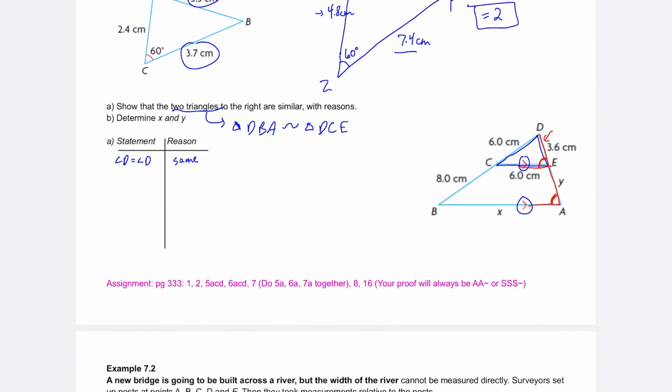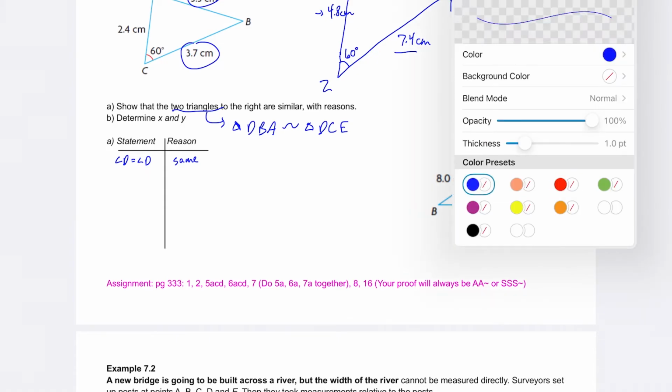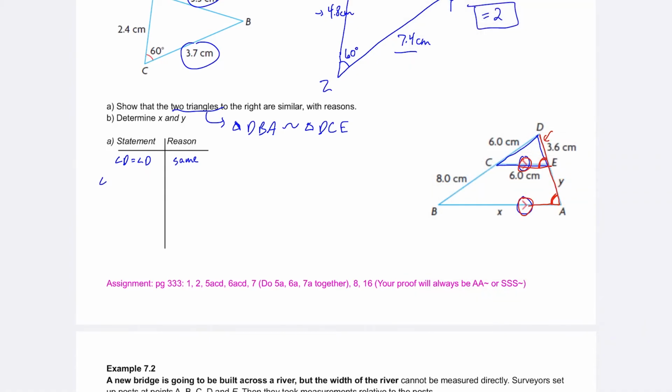Notice our transversal, our two parallel lines. We know that, I'm going to be proper here, angle DEC, so this angle right here, is equal to angle DAB. And how do we know that?